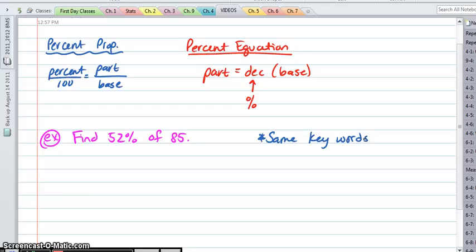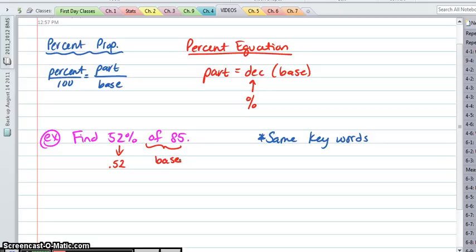Out of 10, out of 100, out of 5. Also, when we are given a percentage, we immediately want to convert it into a decimal and work with it that way. So here, we know the percent is 52%. I can convert that to a decimal by dividing by 100. It's of 85, so that's going to be our base. So we're finding some number that is 52% of 85.